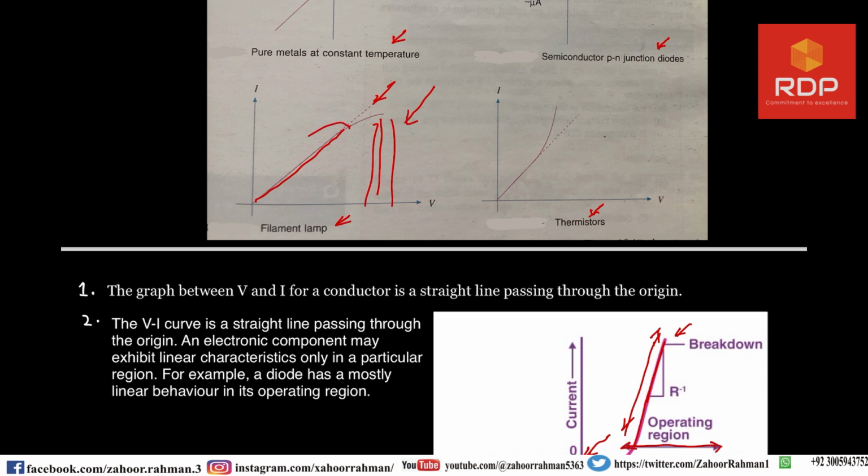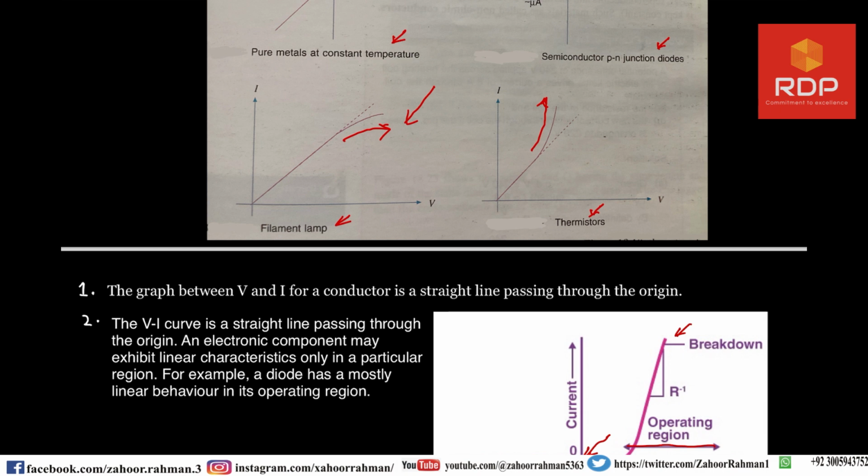Till this area it shows a constant value for V and I. The only difference between the two curves is that here the curve is coming down and here the current is increasing. So the I value is increasing in one and decreasing in the filament lamp.